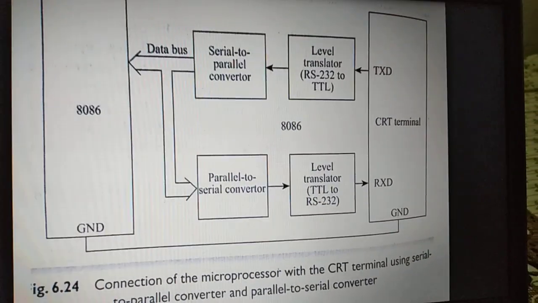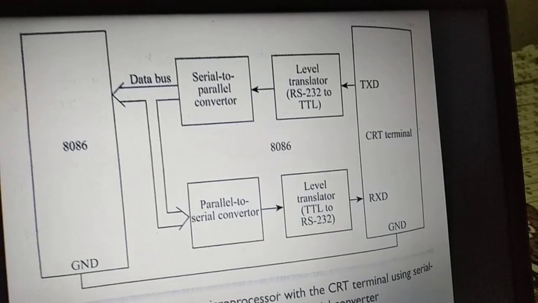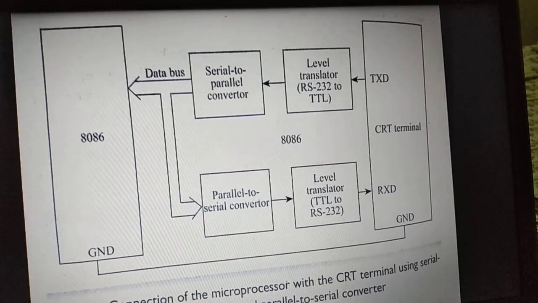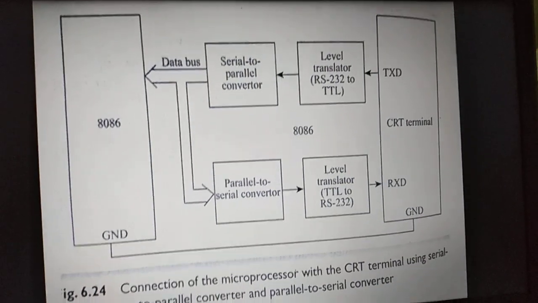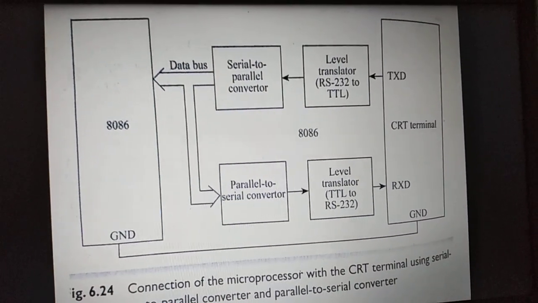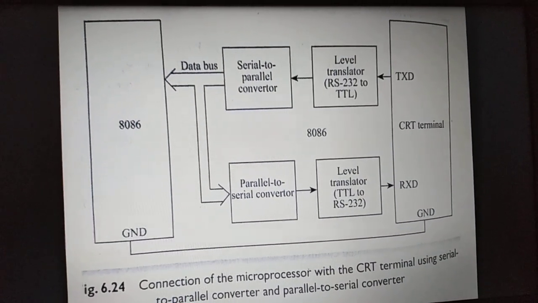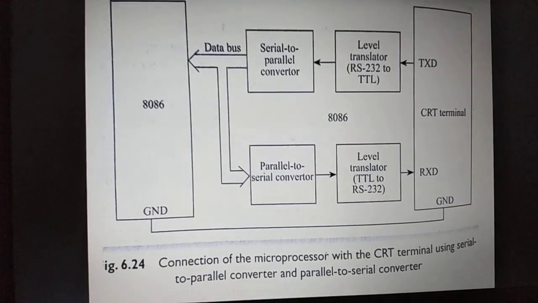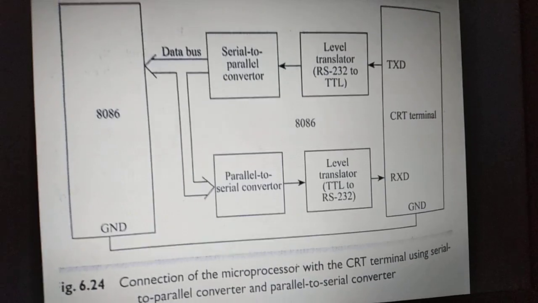The second method, which is applicable for our 8086, is using serial to parallel converters. The 8086 is a parallel device. It can send or receive 8 bits of data at a time. So when we are transmitting to the CRT, we need to give the data in terms of binary bits.